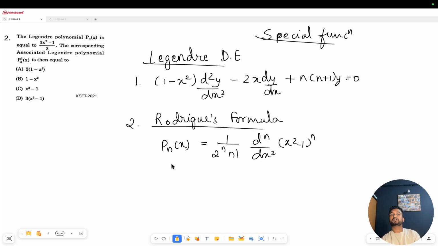By doing this, you will get the values of P0(x), P1(x), like this. I am really sorry for the background noise. This is the first thing you have to do: find the differential equation for Hermite and Laguerre. I will tell you for Legendre and Bessel. Then what is the Rodrigues formula. Then you have to see what the generating function is.